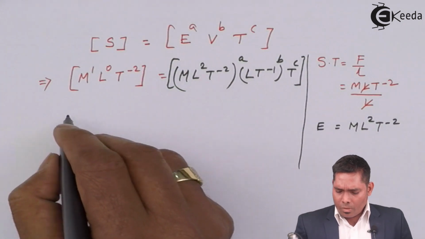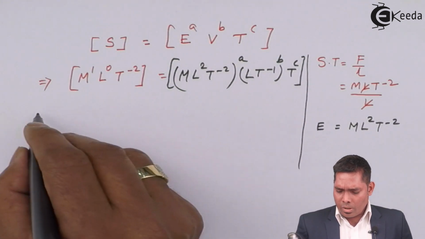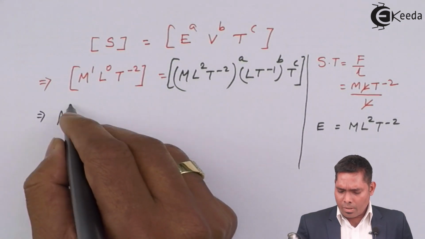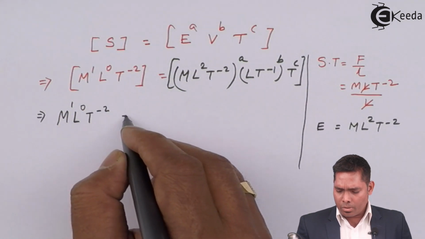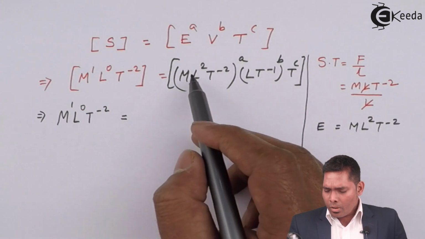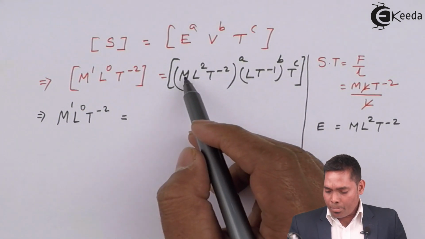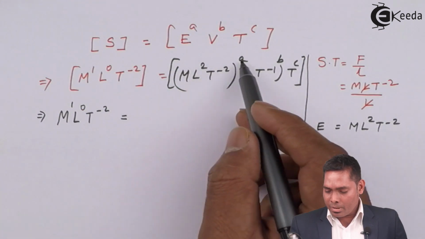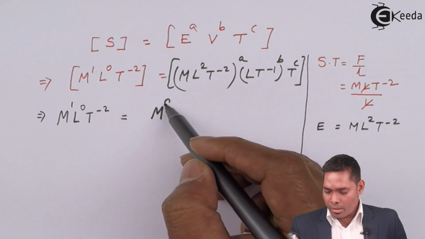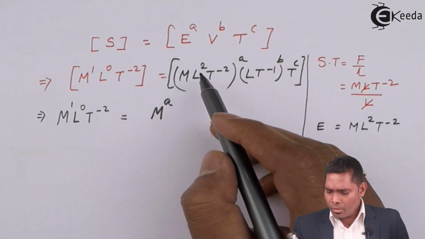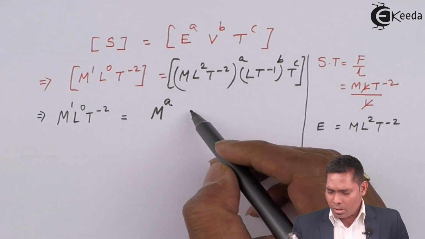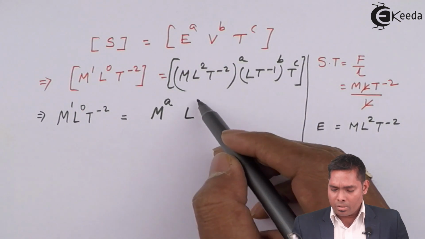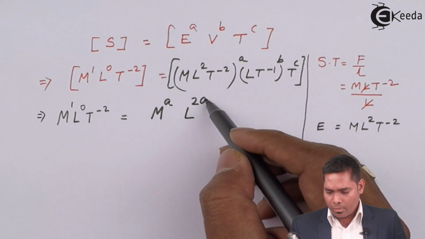Now this implies M to the power 1, L to the power 0 and T to the power minus 2 becomes equal to this one. I'll separate the powers. M is only here and the power is a, so it is M raised to the power a. L square and the power is a here, so it is L to the power 2a.